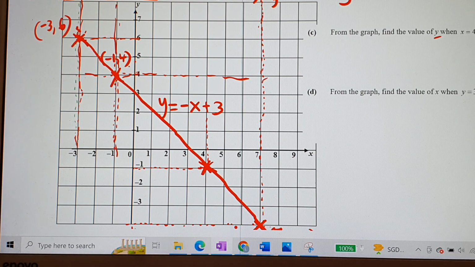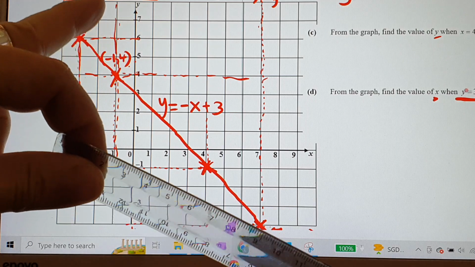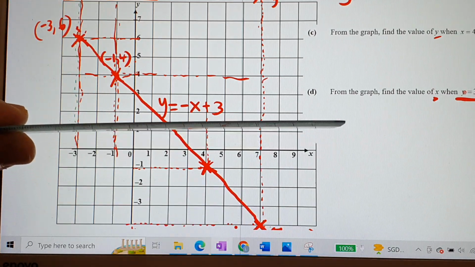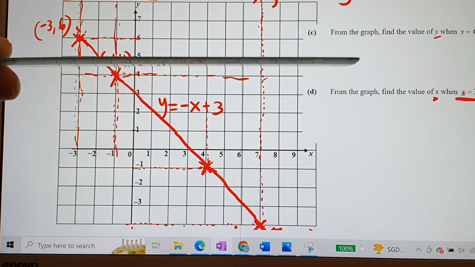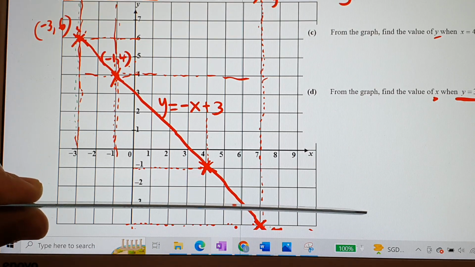Very easy one. Then from the graph, they want you to find x. Just now was to find y. Now they want you to find x when y equals 3. Where is y equals 3? You see y is here, right? This is y equals 0, y equals 1, 2, 3, 4, 5, and so on and so forth. This is y equals minus 1, minus 2, minus 3.